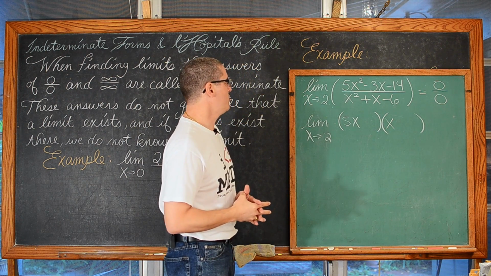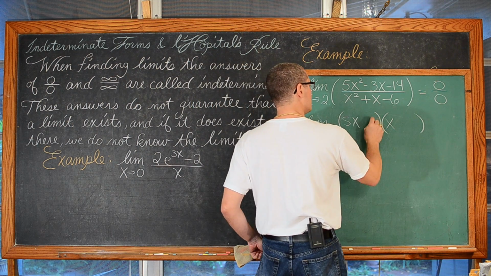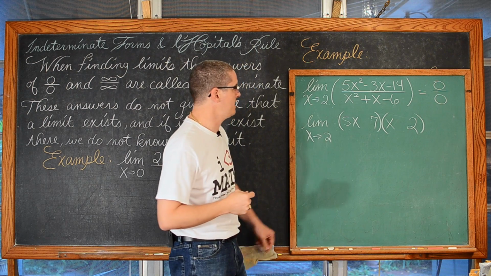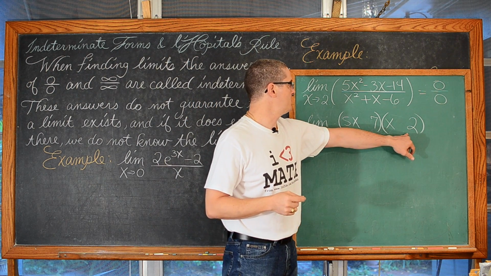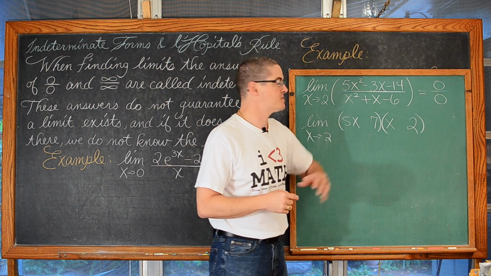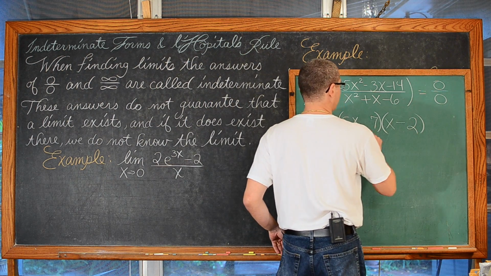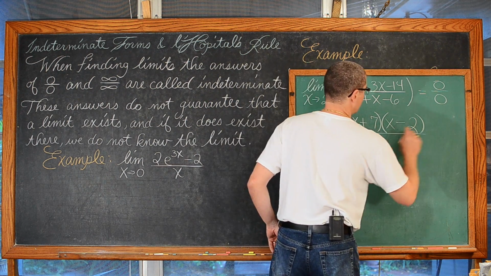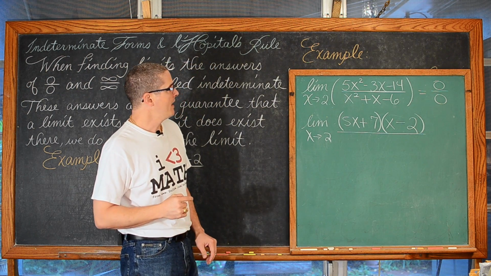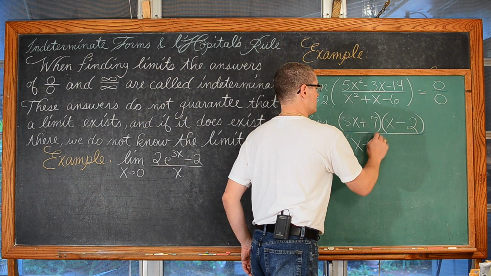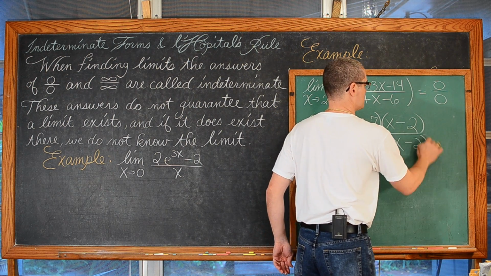And if we put a factor of 7 here and a factor of 2 here for our factors of 14, we're going to have 5 times 2 is 10, and 7 times x is 7. We have a middle term which is negative 3x, so the numerator is going to factor to be 5x plus 7 times x minus 2. And our denominator is going to factor out to be x plus 3 times x minus 2.